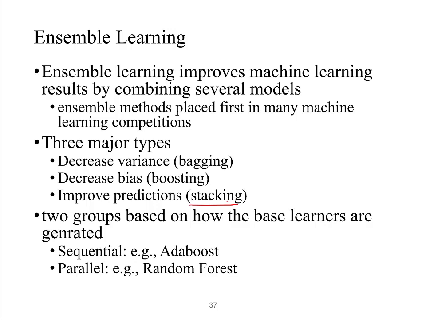And it is actually effective because in many machine learning competitions, such as Kaggle competitions, you can see that ensemble methods are usually placed in the first place. And the idea is more or less, if we use an analogy here, just like when you do a group work, right?